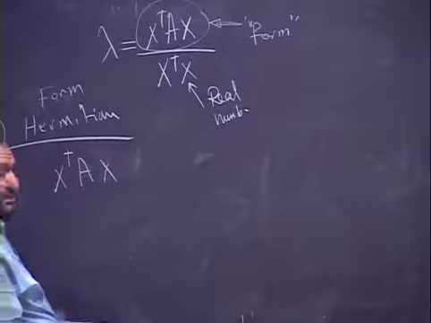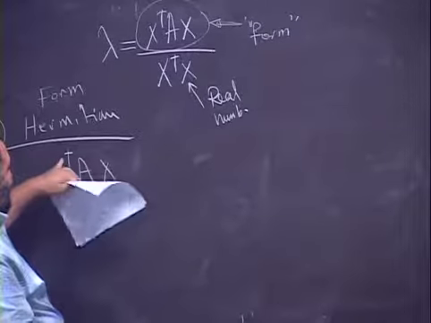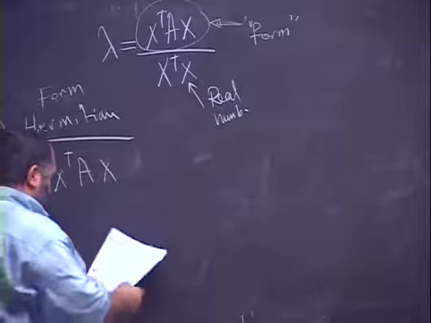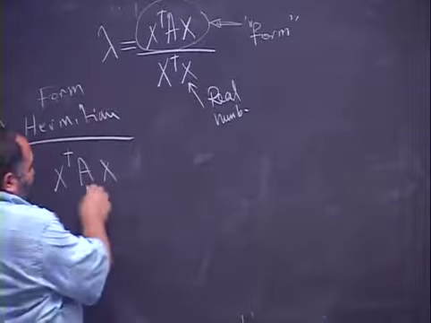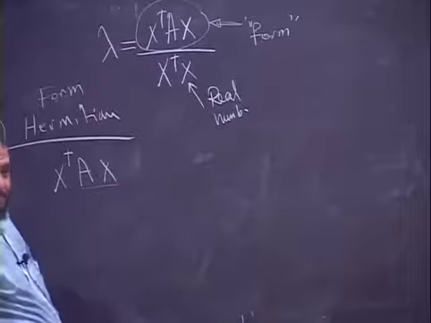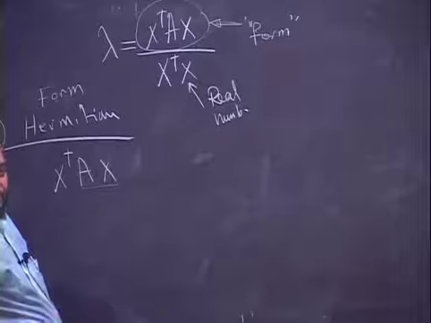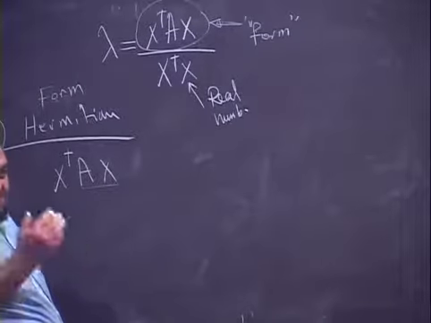Okay, guys? A vector x dagger, the adjoint, A x. What's A x? A matrix multiplied by a vector will give you a vector. Yes? Any vector.